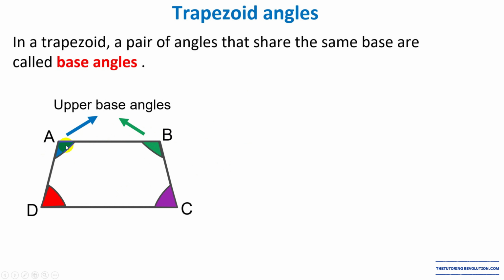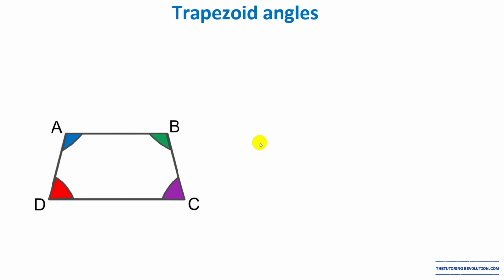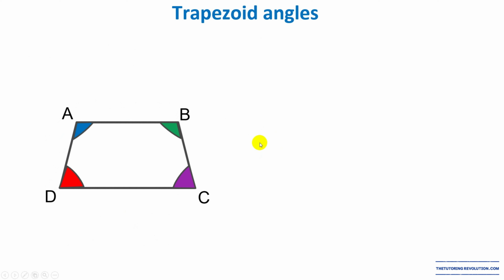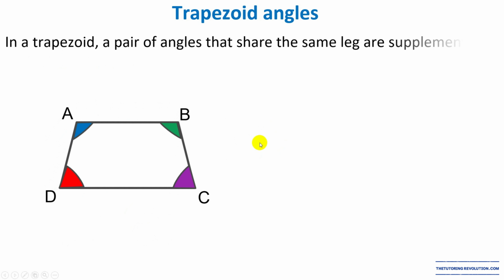They share the same base. And C and D would be the lower base angles. Again, they share this base here. In a trapezoid, a pair of angles that share the same leg are supplementary.